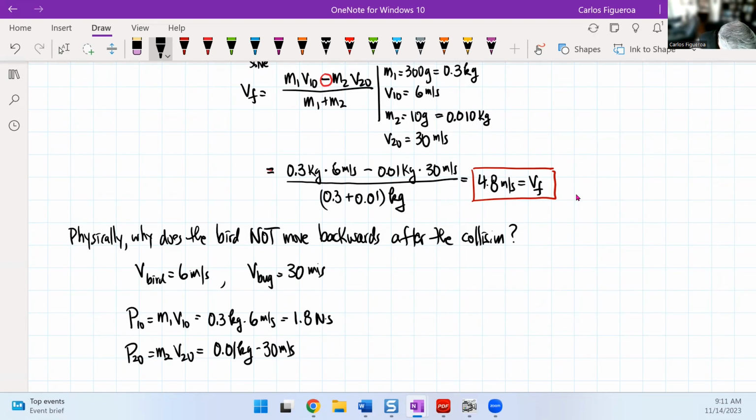Wait, let me make sure that in my head I'm not getting some funky numbers. This is going to be 0.3 like that. So what you're seeing here is that the momentum of the bird is greater than the momentum of the bug.